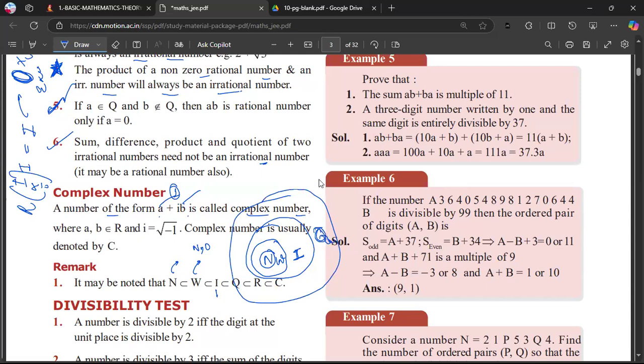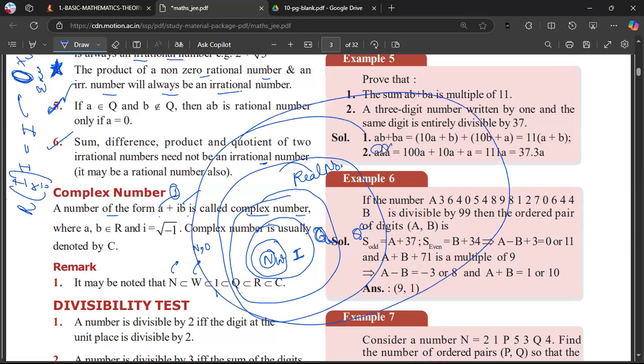All rational numbers as well as irrational numbers are real numbers. And all real numbers come under complex numbers, because the complex numbers are just the ultimate universal set of numbers. So this is how the Venn diagram looks.